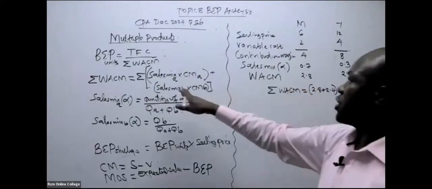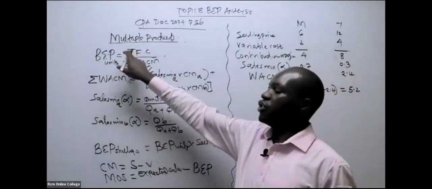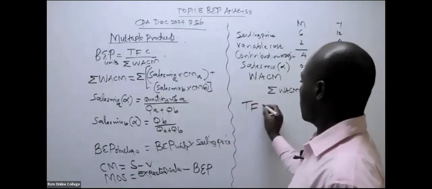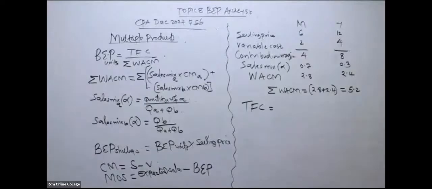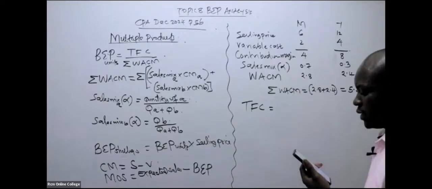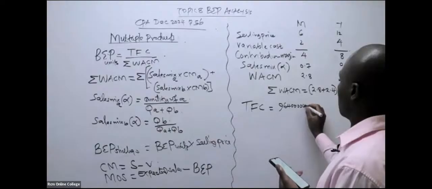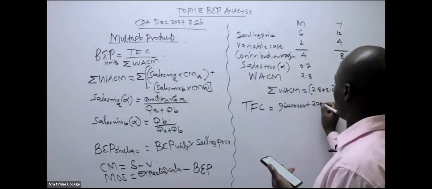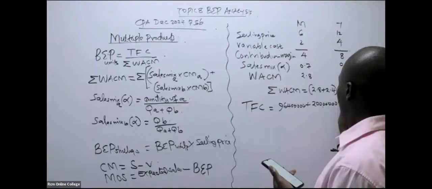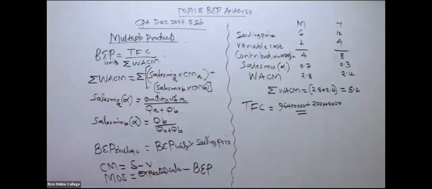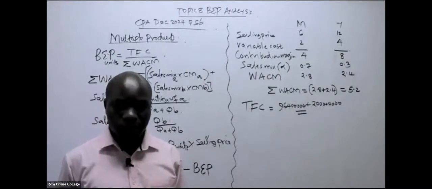For us to be able to get break-even point in units, we now need total fixed cost. Do we have total fixed cost? We are given fixed cost per product, so we have to bring all of them together. 96,400,000 plus 200 million. What is your total fixed costs?